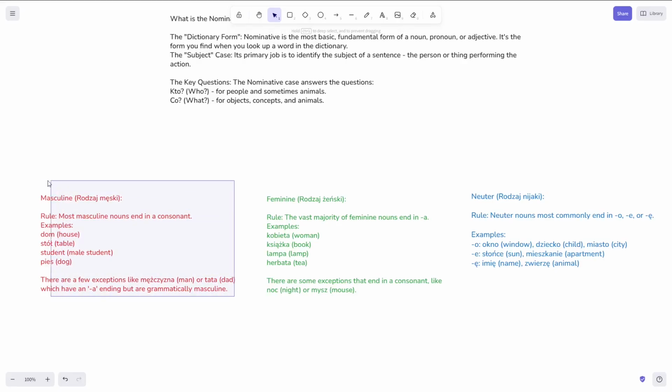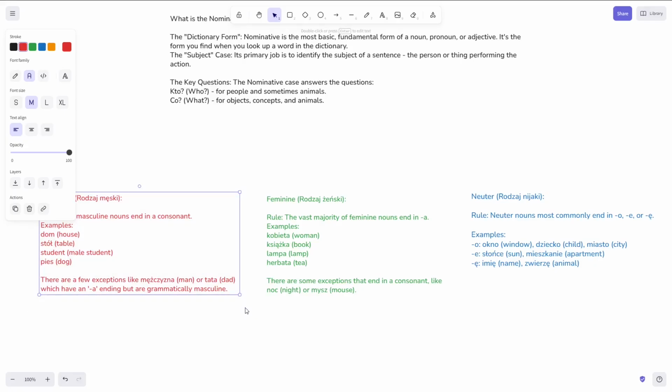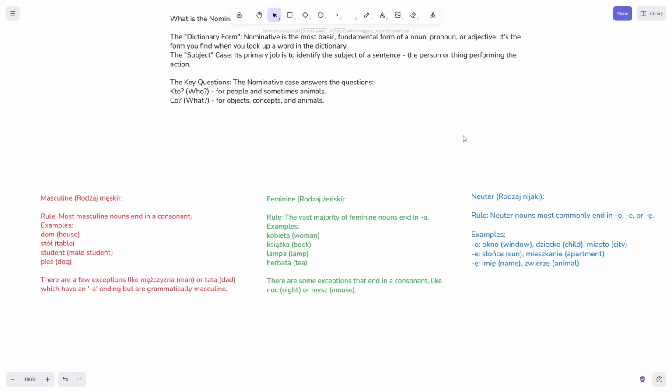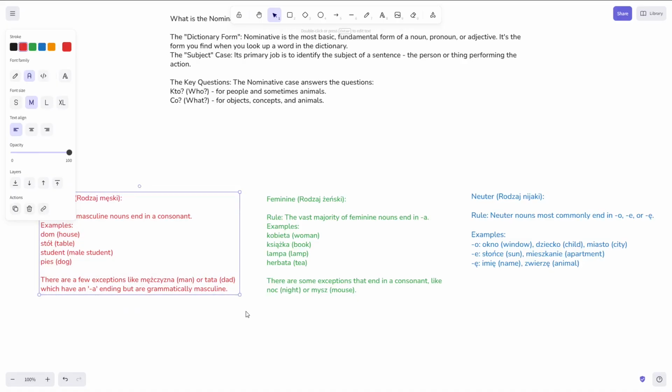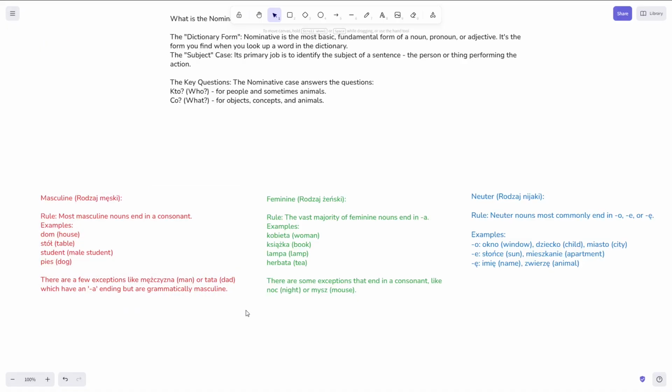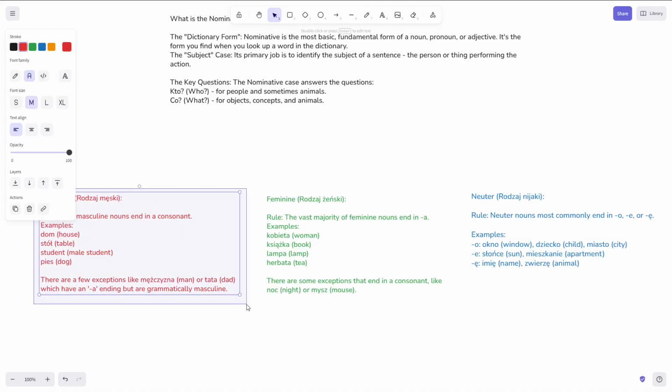What does it mean that a particular noun is grammatically masculine or feminine or neuter? Well, this particular gender determines how we are supposed to formulate the appropriate adjectives. Basically, it tells us what kind of endings we should expect for a particular noun, okay?